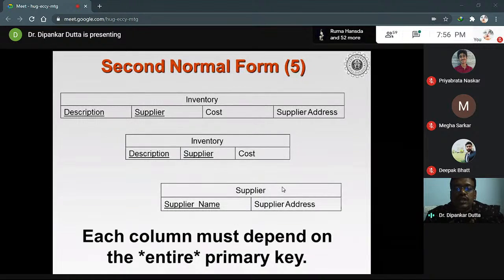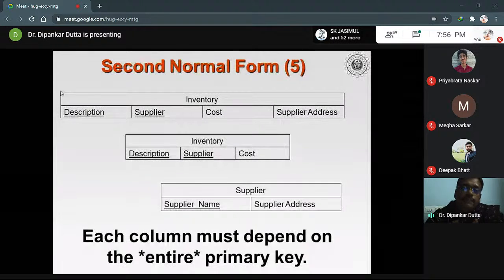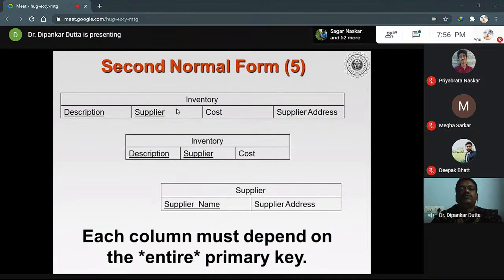Each column must depend on the entire primary key. In the original table, the supplier address does not depend on the entire primary key. It depends on supplier only, not on description and supplier both. So it is not in second normal form. These two tables are in second normal form, but the original table is not. So this is a bad design, and this is a good design.